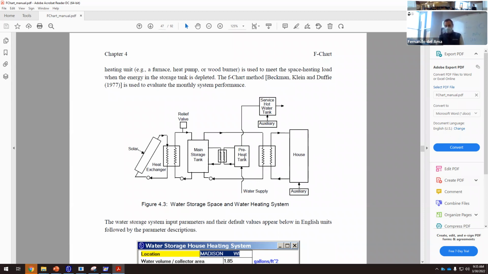So we have a solar collector, we have the heat exchanger, and this solar collector is connected to the main tank. Then the main tank is connected to the preheat tank, and the water supply is on this preheat tank. And then we go this way, and we have another service hot water tank, and here we have the auxiliary element. And here in the room, we have another auxiliary source of energy.